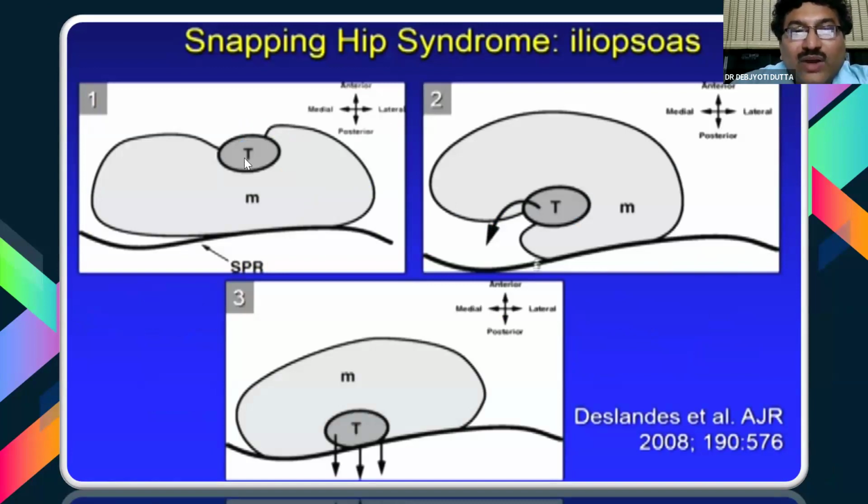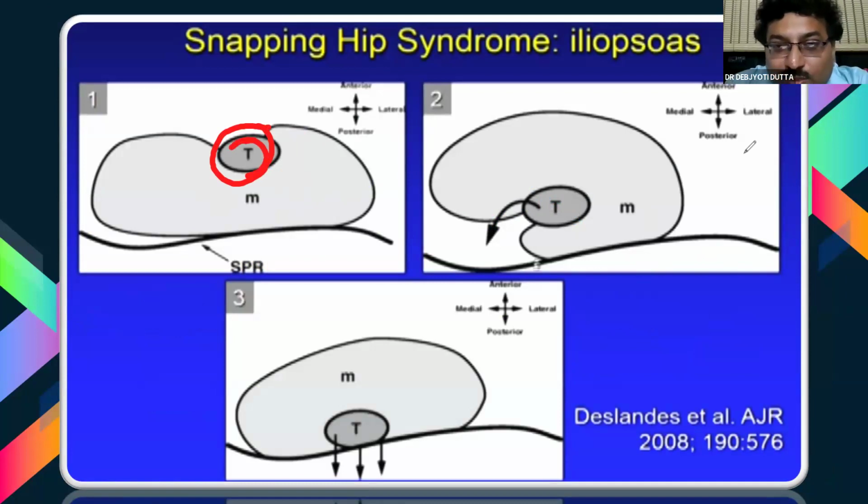This tendon, while moving over the muscle, moves within the muscle and through the muscle, it just drops here. Okay, that means up to a certain portion of the rotation, this tendon is over the muscle, the iliacus, iliopsoas, this psoas tendon. And when we are moving from this area within the muscle, it just drops over it, and this causes snapping syndrome.